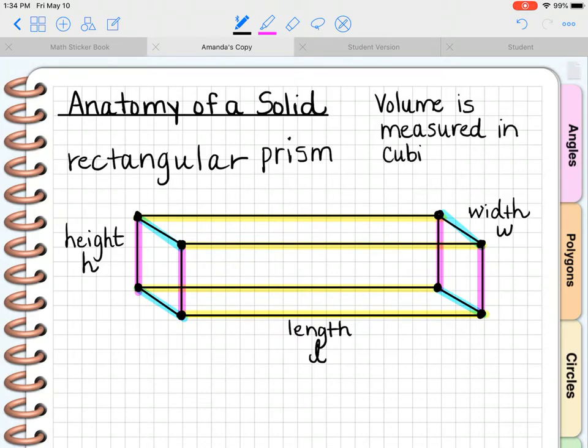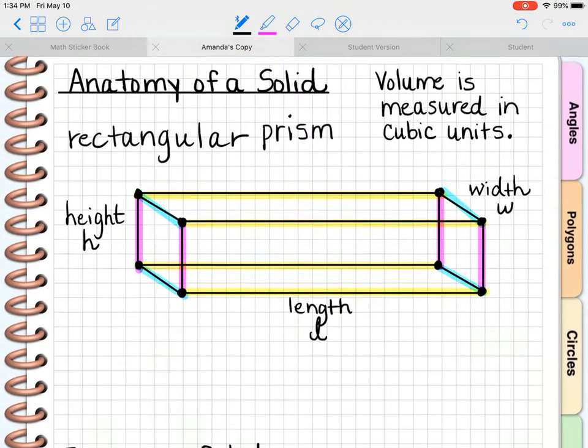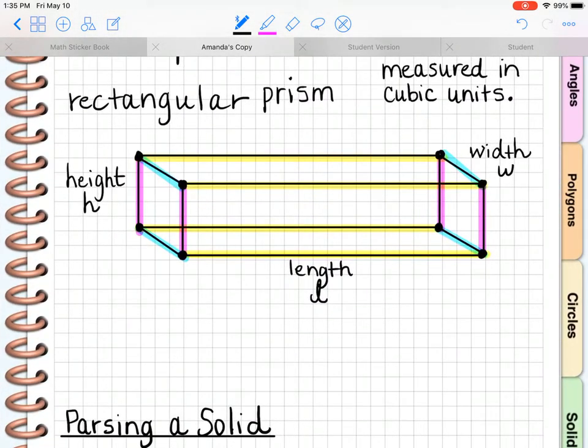Now when we studied area back in the second module, the polygons module, we talked about square units because we were looking at the number of little squares it took to fill up a space. With volume, you're looking at the number of cubes it's going to take. And let me draw a cube for you.